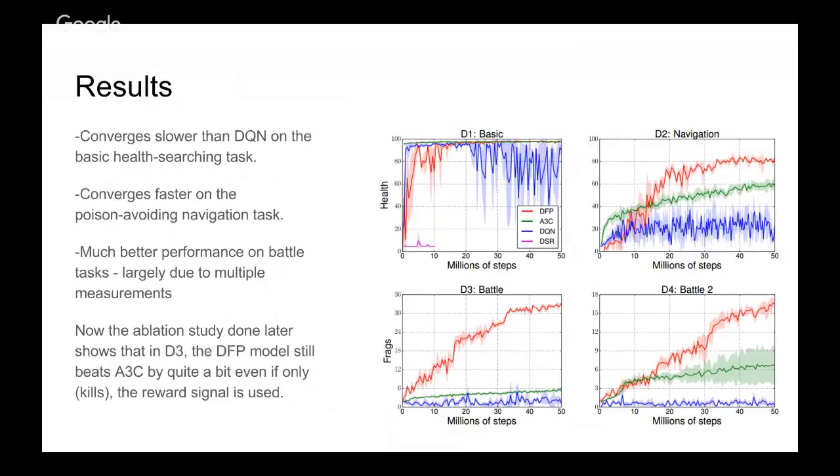One thing that's striking to me is that the results seem pretty good on the basic task, and they get some improvement on the second task. But on the third and fourth, these battle tasks, it has a really big improvement. I think there's pretty good evidence in the paper that the reason is that D3 and D4 are the only tasks where you have multiple measurements in your measurement stream: health, ammunition, and kills.